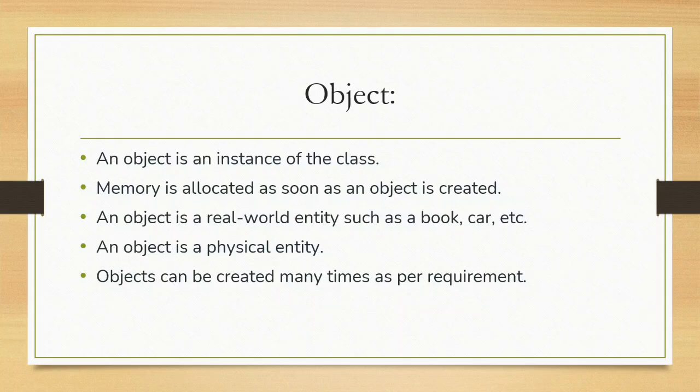It's a real world entity based upon which the object-oriented programming concept has come up, which we have already discussed in one of our videos. Objects can be created many times as per the requirement. Is this clear? Now how to declare an object? Let's see in our upcoming slide.